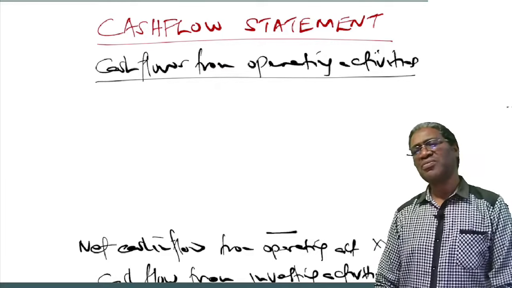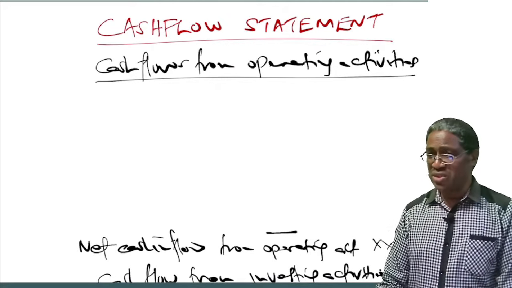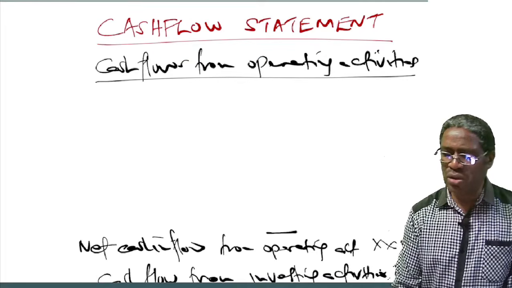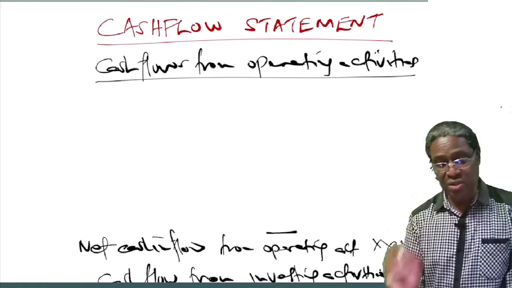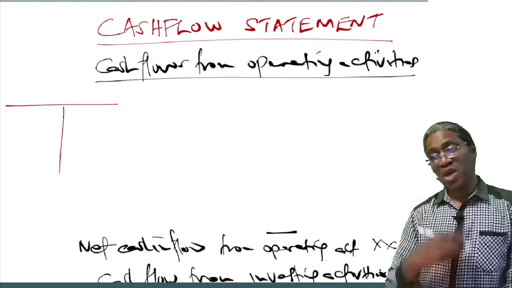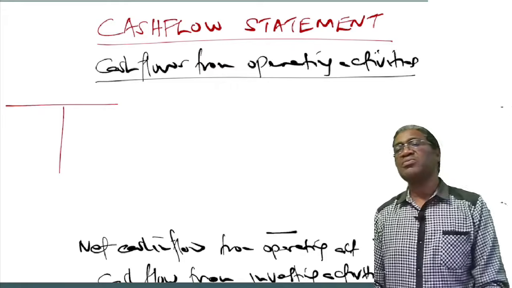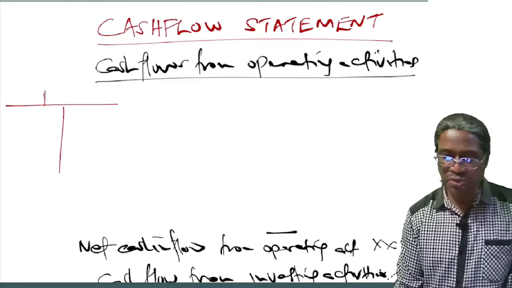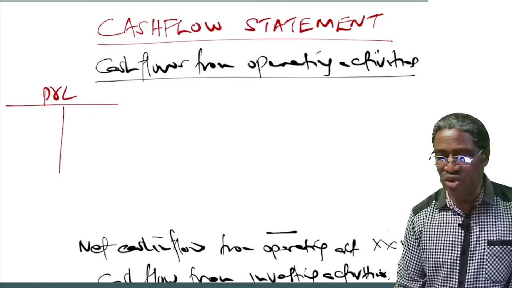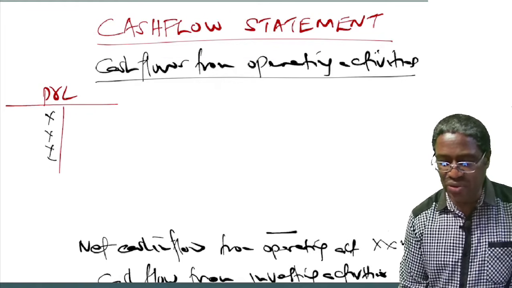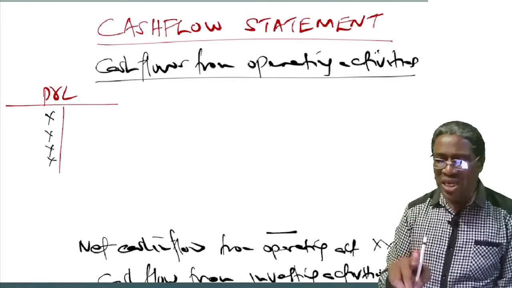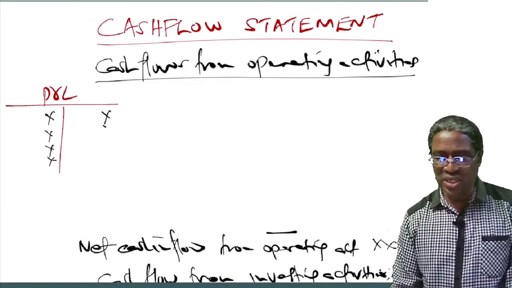Good. Meaning therefore, listen to this now. If I take my profit and loss, let me assume that your company prepared your profit and loss in a T format. This is profit and loss. You all know that expenses are normally debited in the P&L account, and revenues and incomes are always credited in the P&L account.